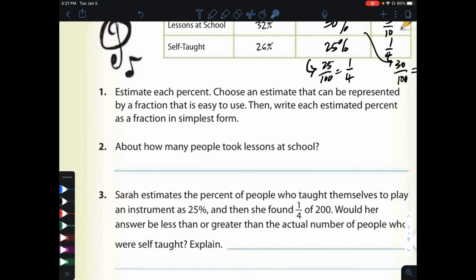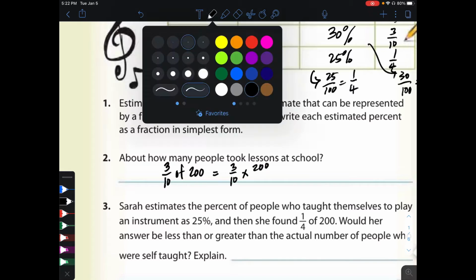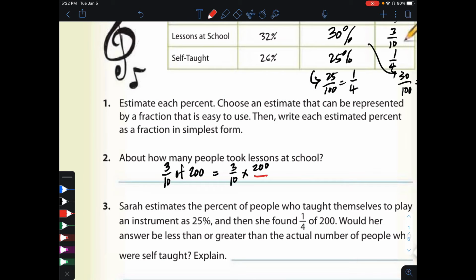So lessons at school, we have 3 over 10. So we are going to use the fraction of 3 over 10, and we are going to get 3 over 10 of 200. Remember that 3 over 10 of 200 is the same as 3/10 times 200 over 1.